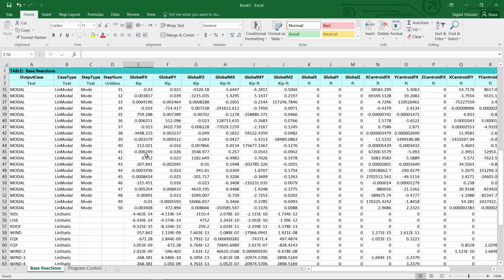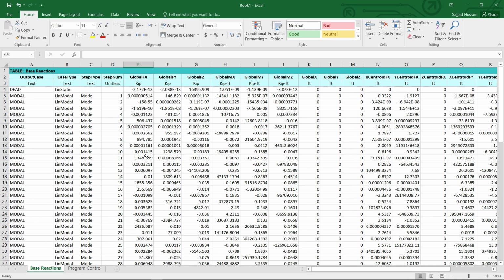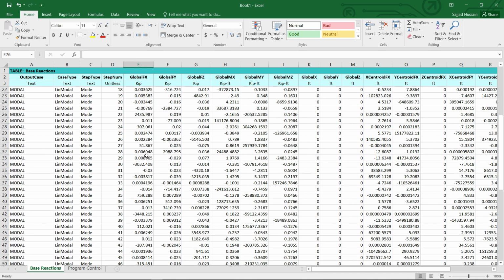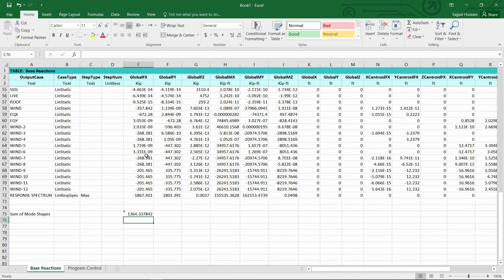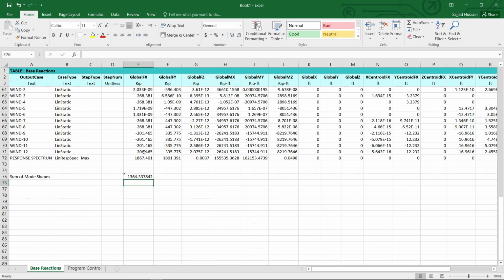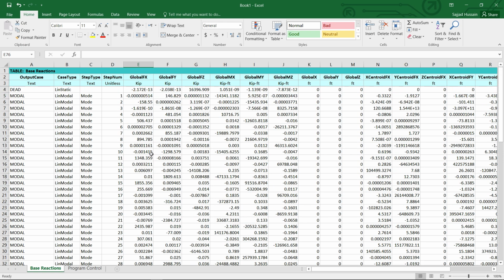Actually there are some negative signs also. If we change this negative into positive, it will come to 18.67. Just as an exercise, we can do it.